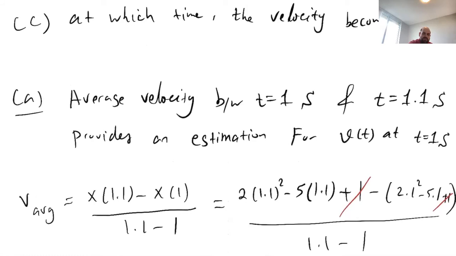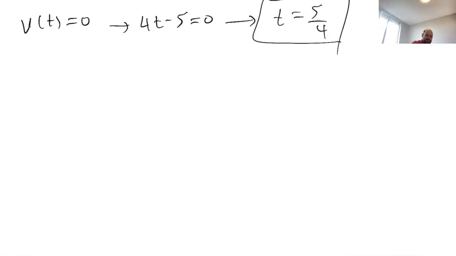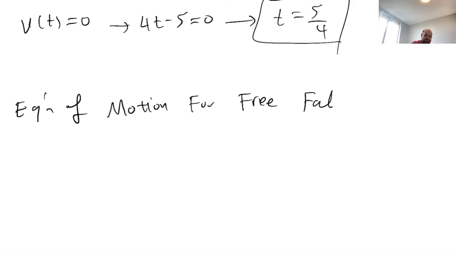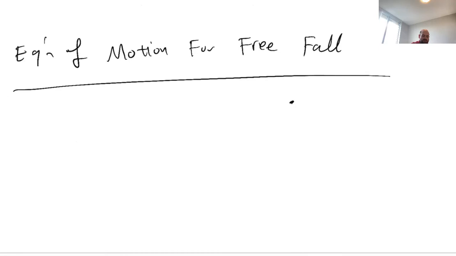Okay, so now let's look at the equation of motion for a particle in free fall. So let's say we just throw an object at some height, or we drop it, throw it or drop it.